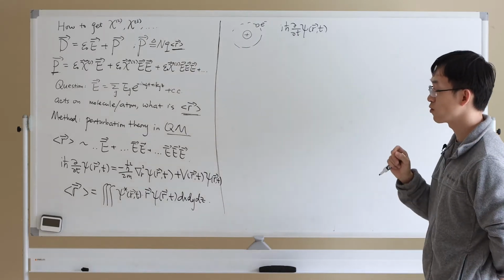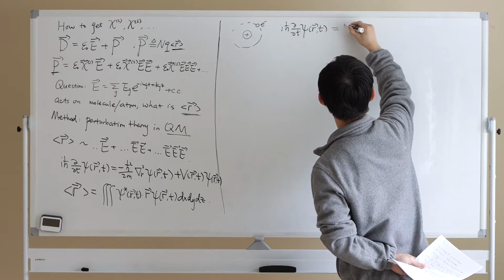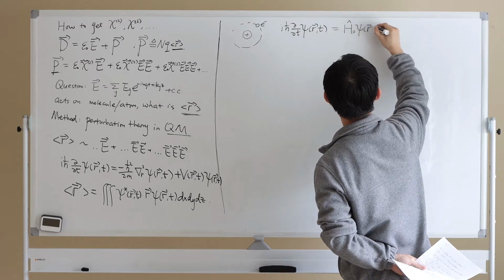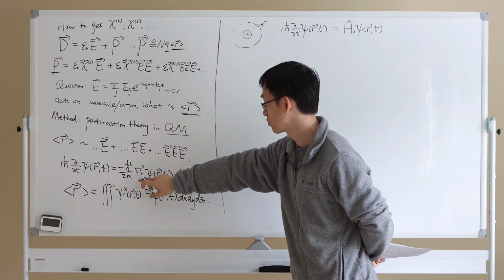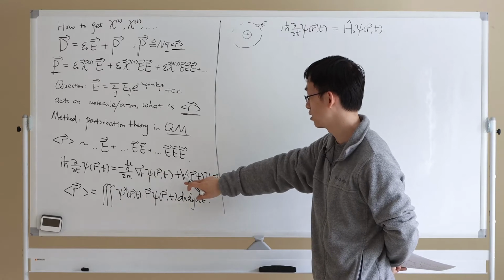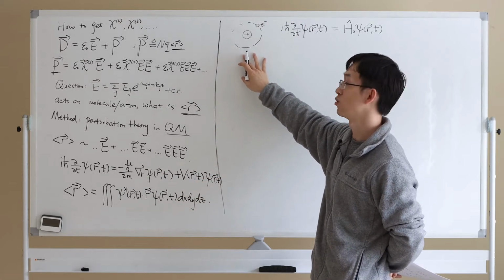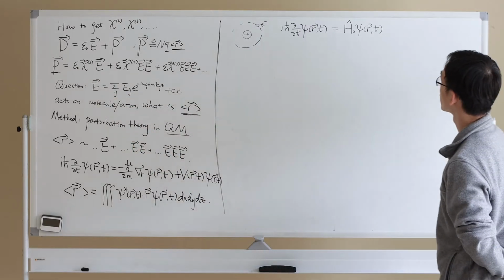And what we do is that we assume that this one is H naught, the Hamiltonian, which means the original momentum and potential well for the atom or molecule without applying this electrical field, right?